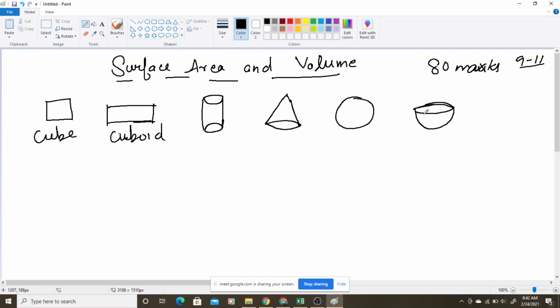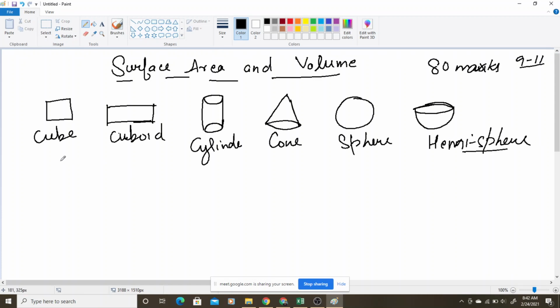So these are the shapes we have studied. The first thing you should remember in this chapter is what?